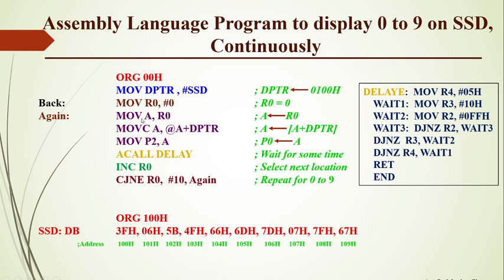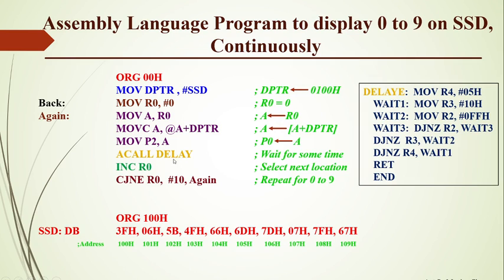So here again the value of R0 will be loaded into the accumulator. After increment, R0 content is 1. This value of R0 will be loaded into the accumulator, and now the address generated by this addition is 100 plus 1, that is 101H, and the content of this location is 06H, that is loaded into the accumulator, and that is again given to port 2.